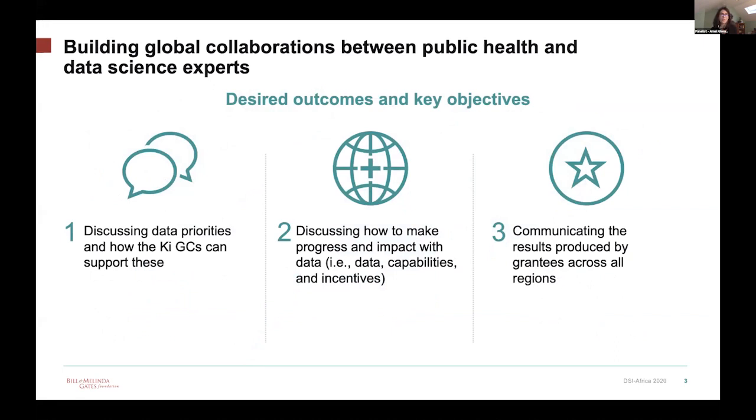So the knowledge integration grant challenges began with the goal of creating communities of data scientists and public health experts, leveraging existing administrative and health data in order to answer important public health questions related to research priorities and health priorities in the different regions.